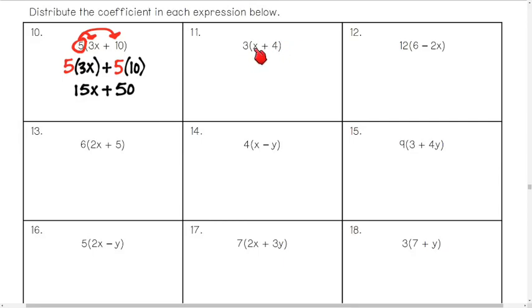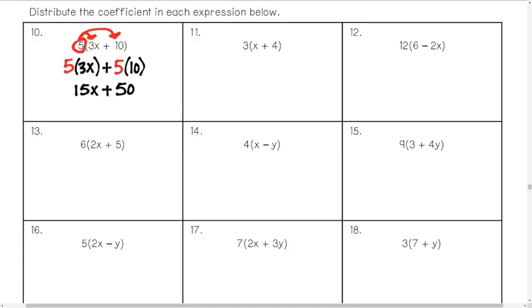Or if it was 20, that would be 20 plus 4. But I have no idea what this number is, so I cannot add them together. All I know is that whatever this number is, it's going to be 4 more. Since I can't add them and follow my order of operations, I use the distributive property to try to simplify this. So that's the reason why I do it.